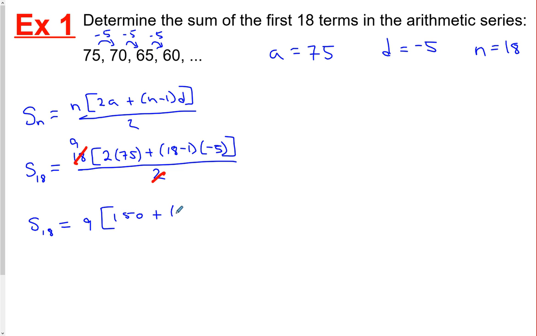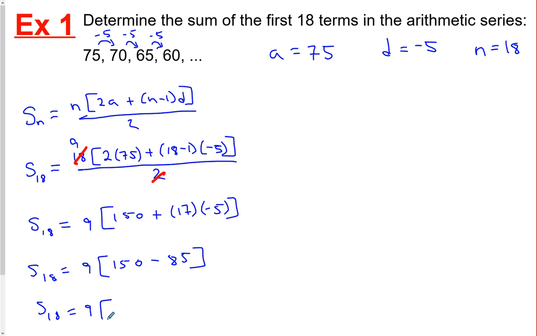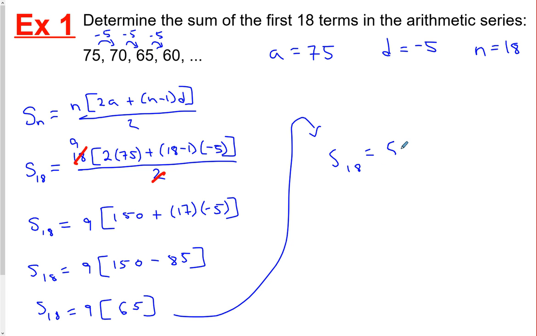So actually we'll write that all the way out. 17 times -5, just so we're being extra clear. 17 times -5 is going to give us -85. 150 minus 85 will give us 65. Let's move up here. 9 times 65 is 585.